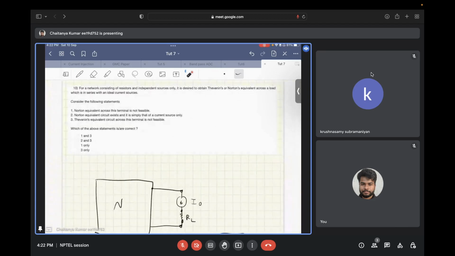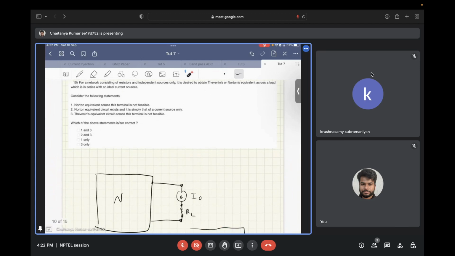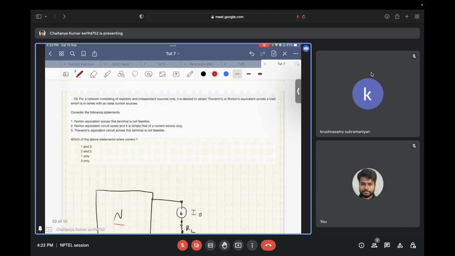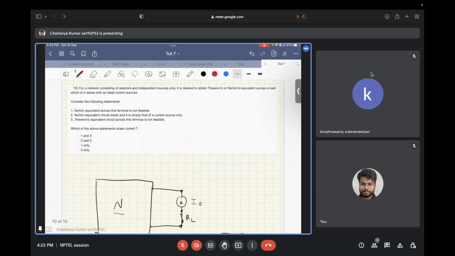Now, if you try to draw what is mentioned in these statements, you will get the following circuit diagram. You have a big network, let's call it N, and in that network you have a branch in which you have an ideal current source, and in series to that you have some resistance RL.